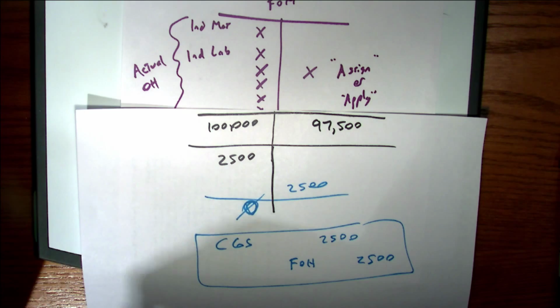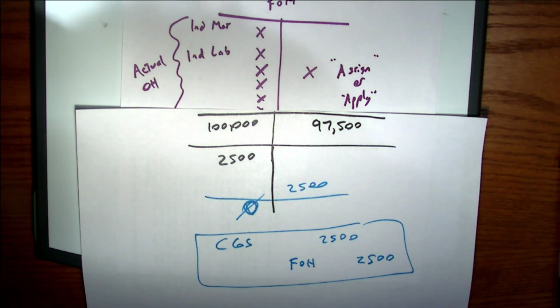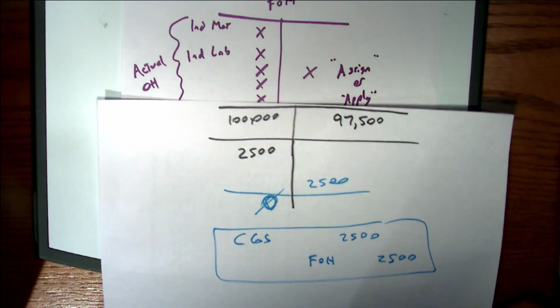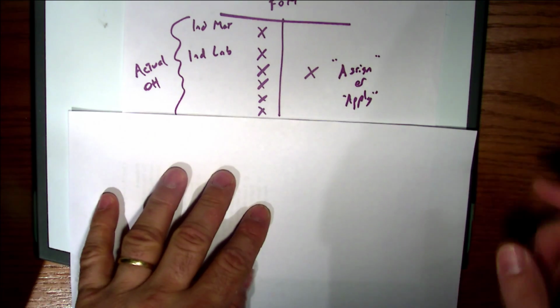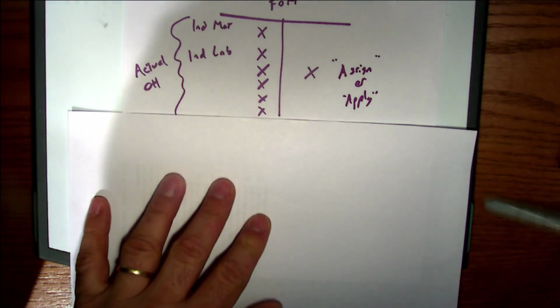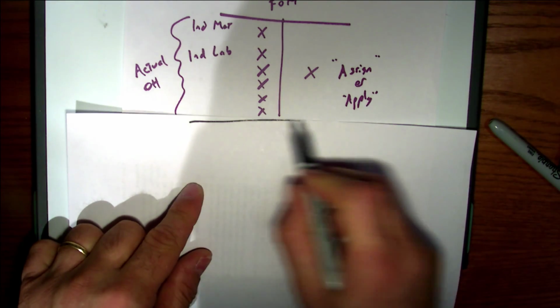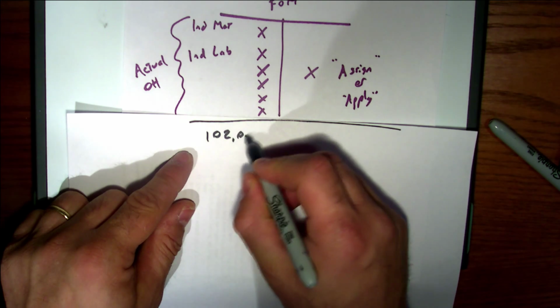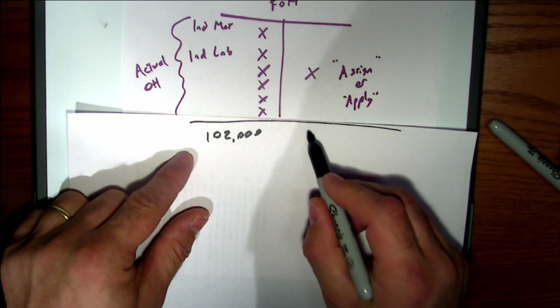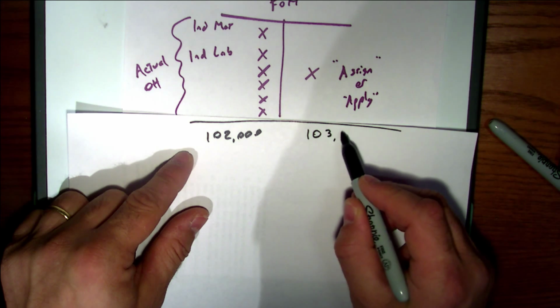Well, let's look at it if factory overhead was overapplied. Let's say that we add up everything on the debit side and we have $102,000 and the amount that we assigned is $103,000.